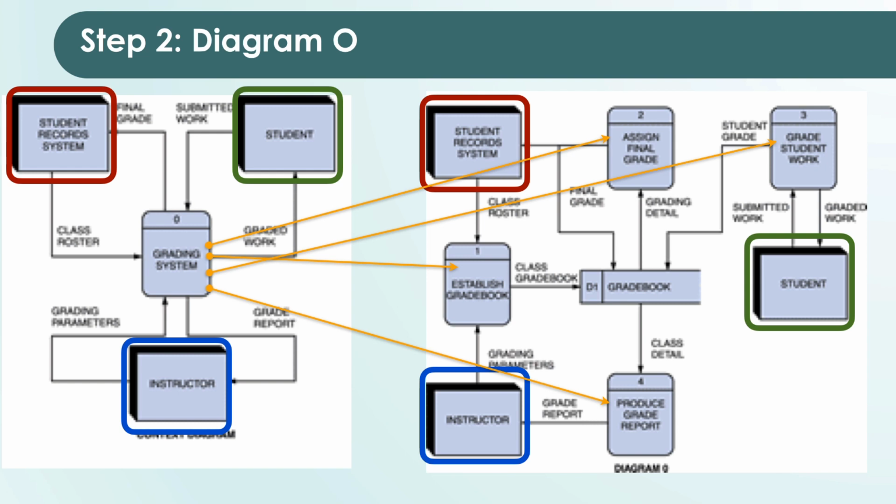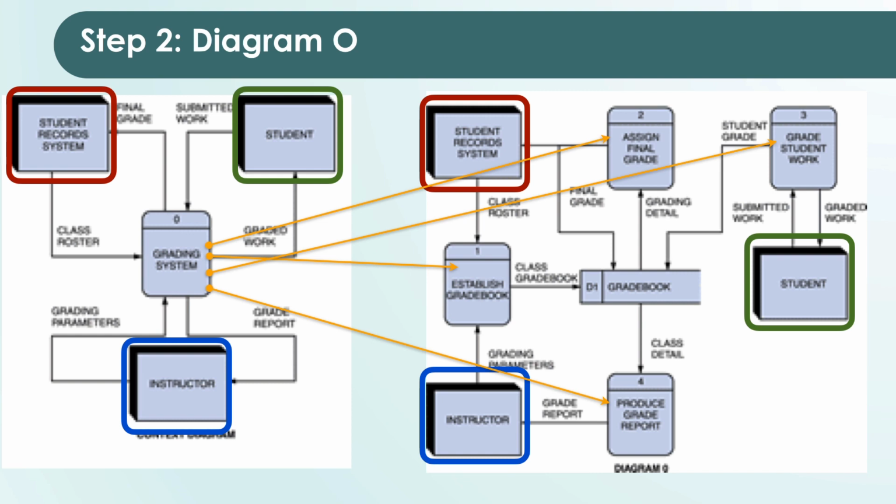And you can also see the numbers and the names of all of the data flows. For example, the data flows for final grade and class roster also appear in diagram 0. The source of final grade and class roster also comes from the same source.